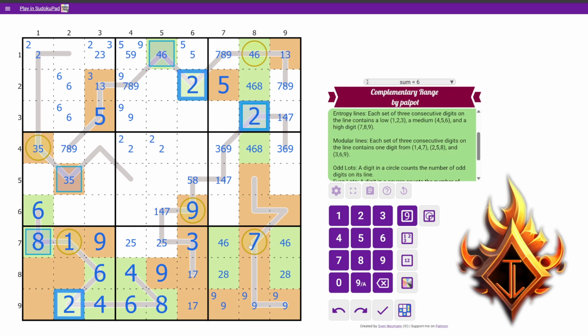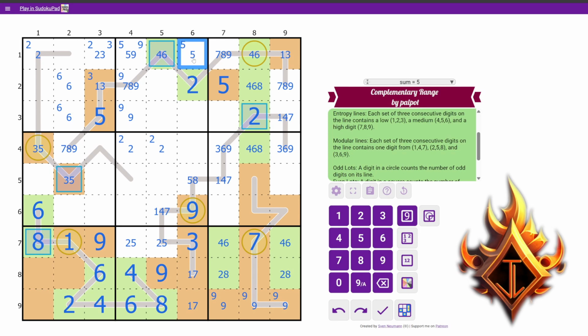Can this still be modular? What am I missing here?